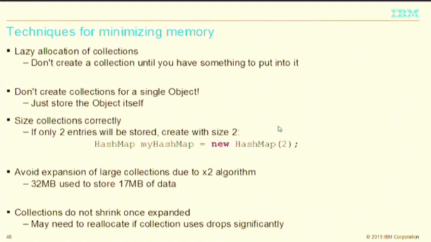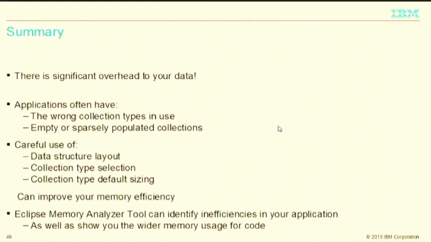Okay, so the summary is there's significant overhead to your application and particularly to your data. Every time you do a new operator, there's data being created by the JVM in order to manage your memory. Applications almost always have the wrong collection type in use because people are the hash table guy.